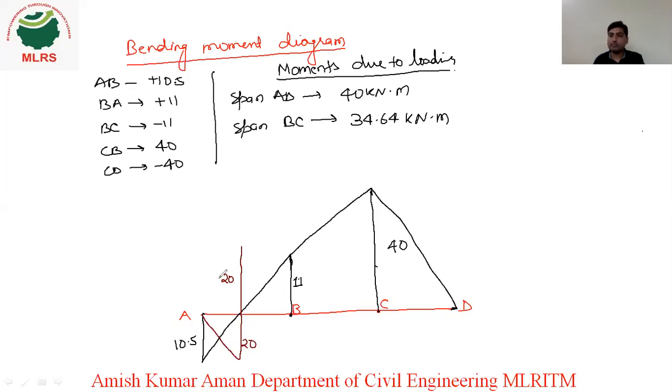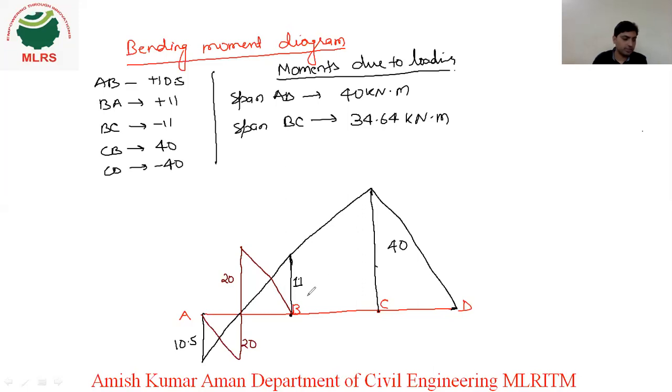20 is in downward direction and 20 is in upward direction. Now B is 0. Now for BC you have UVL, so for UVL we will draw a cubic.